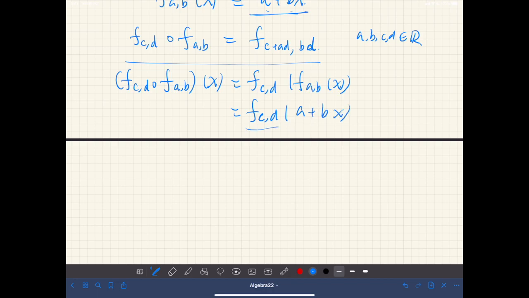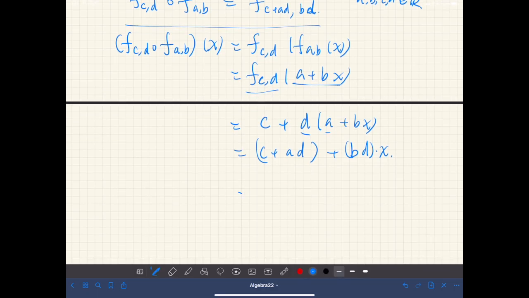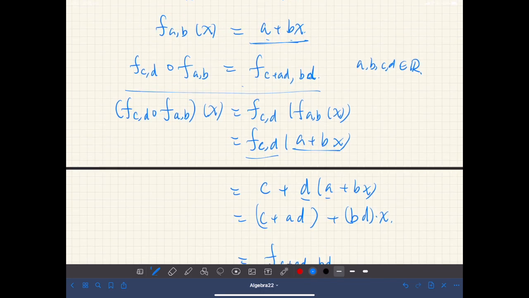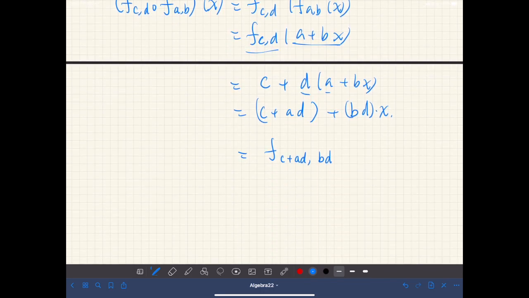Then apply the definition of f_cd: c plus d times a plus bx. So that is c plus d times a, which is a times d, plus b times d times x, which is f of c plus ad and bd, of x.